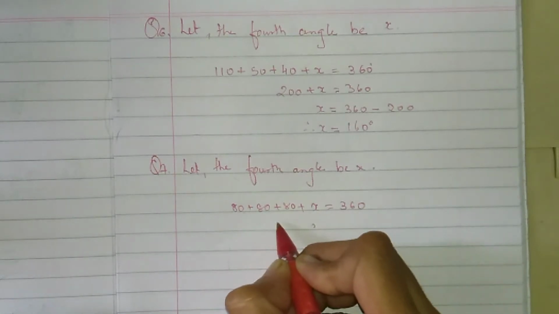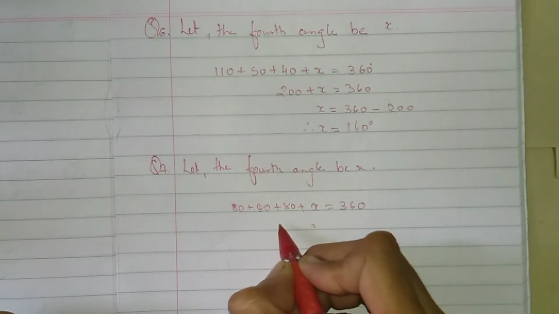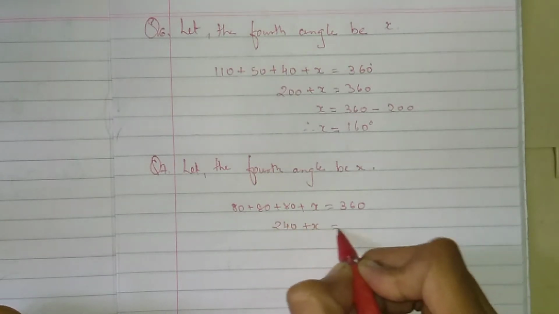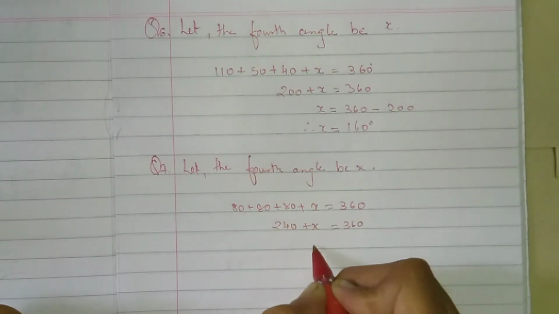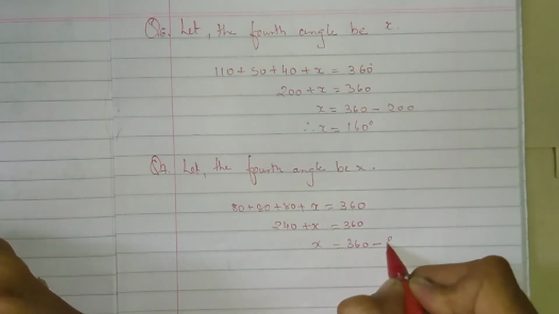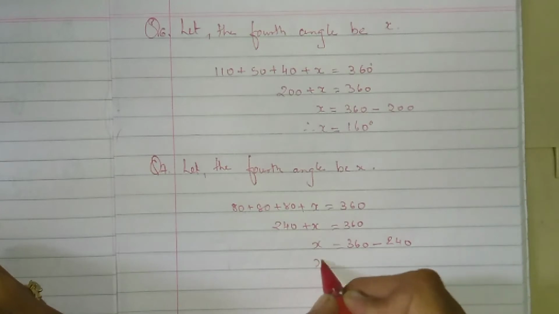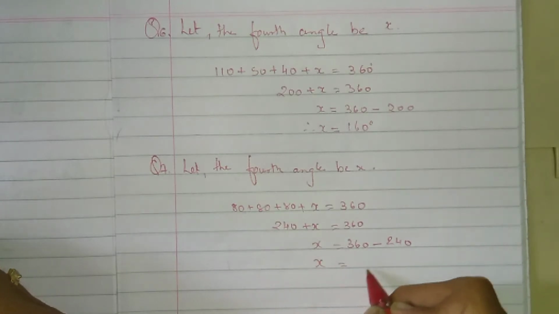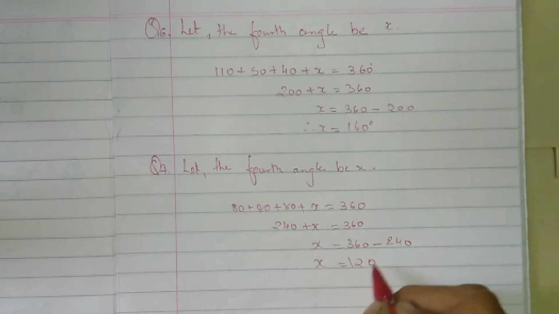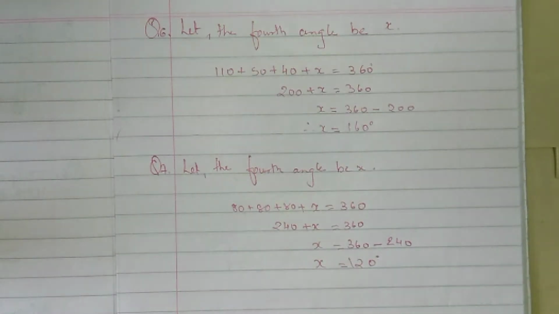So 80 plus 80 plus 80 is 240 plus x equal to 360. So x equal to 360 minus 240. So 120 is the answer.